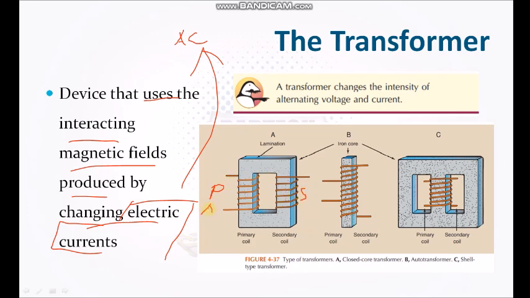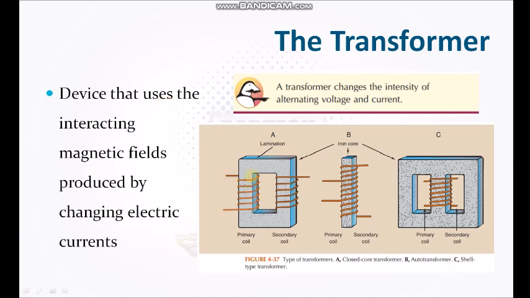AC is provided in this coil, and because of the AC, the magnetic field is changing, going one direction and then going towards the other direction. Because of that changing magnetic field, electrons in the secondary coil are allowed to move, thereby creating electricity.